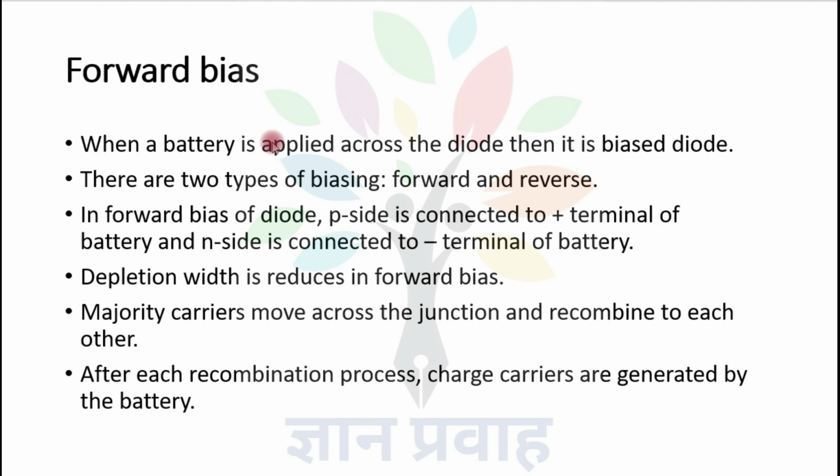It means in case of forward bias, the depletion width is reduced and majority carriers move across the junction and these are recombined with each other, and after each recombination process charge carriers are generated by the battery.